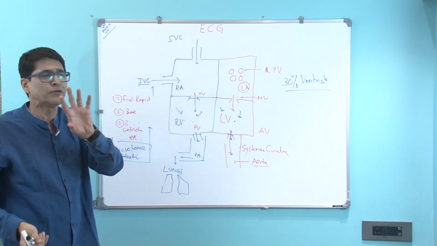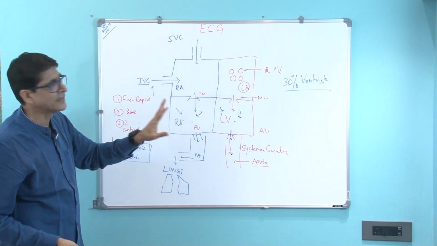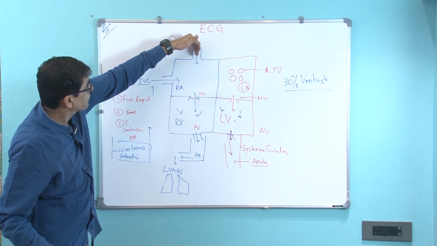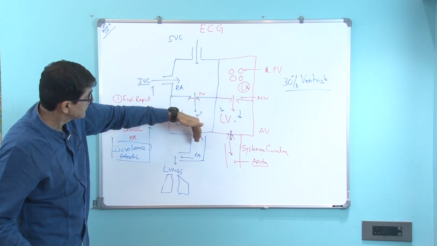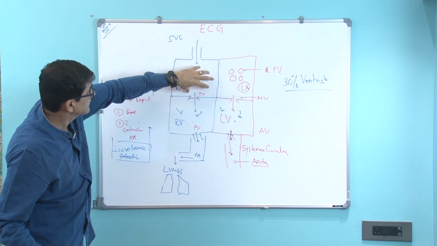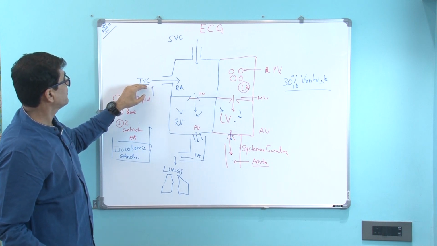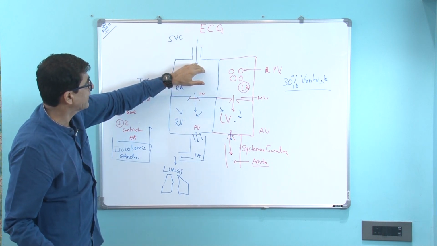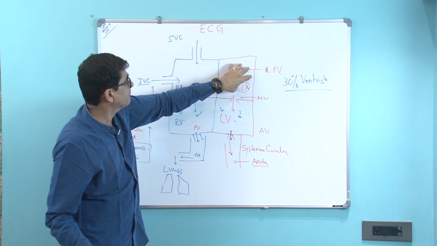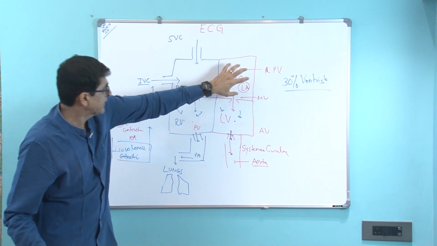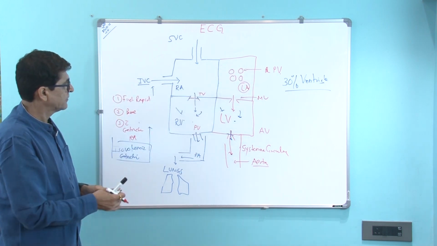One cardiac cycle only takes 0.8 seconds approximately if the heart rate is 72. So while this is getting ejected, this has to be filled, na? So continuously it is receiving blood from the inferior vena cava and superior vena cava, and the left atrium will receive blood from the pulmonary veins. So they are getting filled up at the same time.